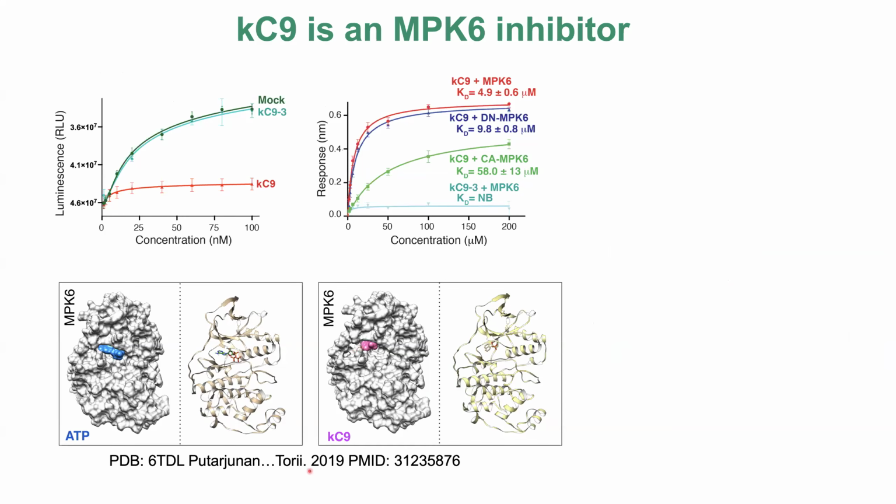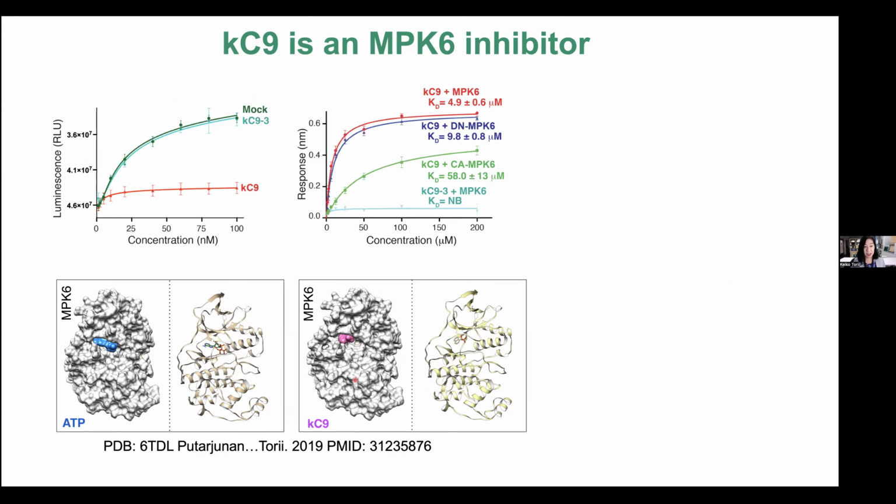A couple of years ago, we solved the crystal structure of MPK6, which we used to model the binding. KC9 seems to occupy the ATP binding pocket of MPK6, and KC9, but not its inactive analog KC9-3, can inhibit the MAP kinase activity.